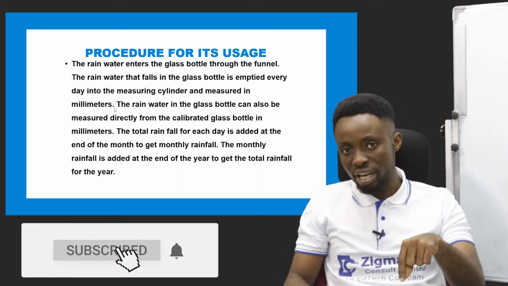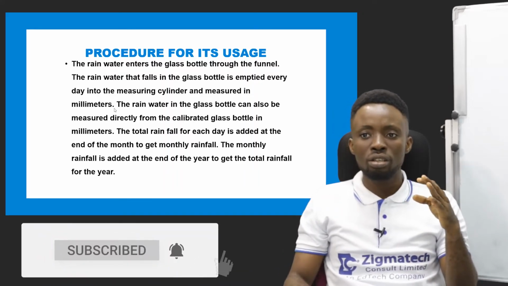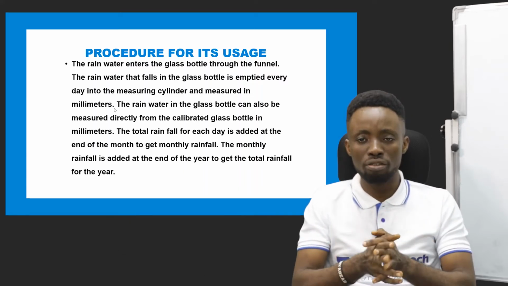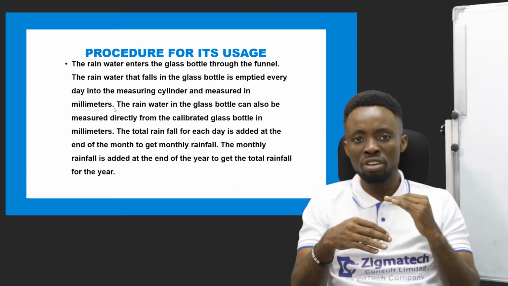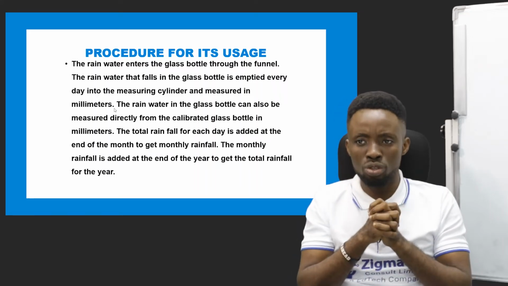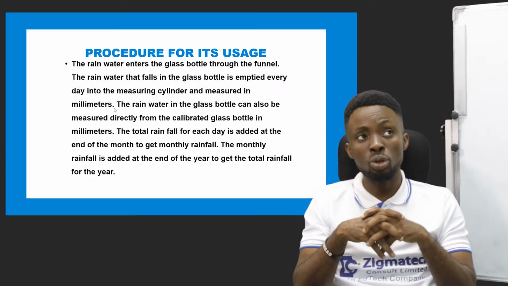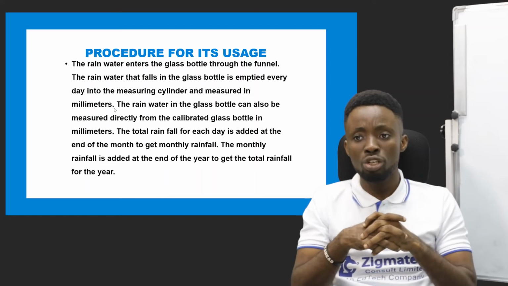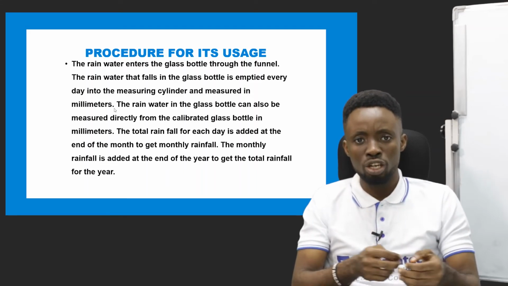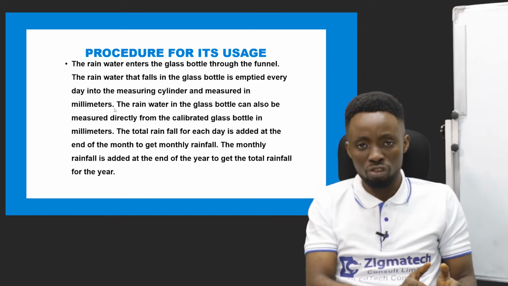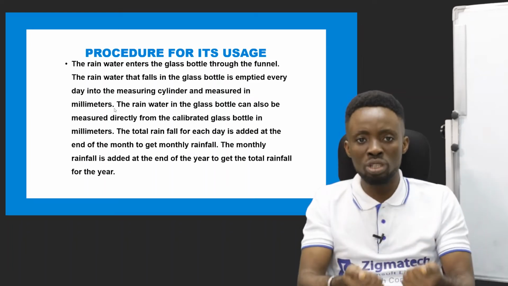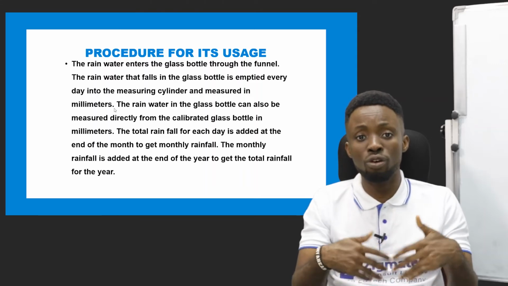After the rain has stopped, you take the funnel and read the measurements on the calibrated glass bottle, usually calibrated in millimeters. Once you get the millimeters of rainfall for that day, you record it on the recording sheet, throw the water away, and do it the following day continuously for the month.